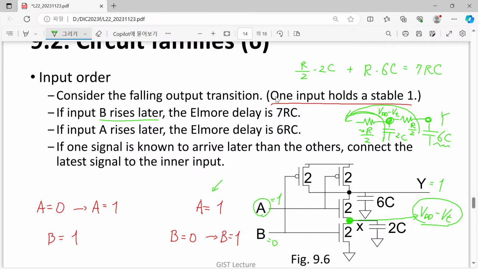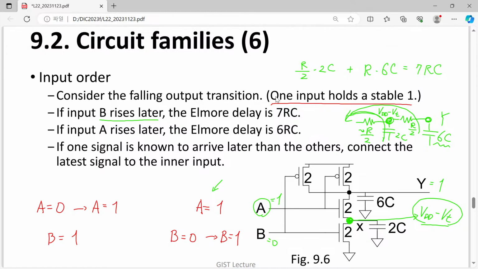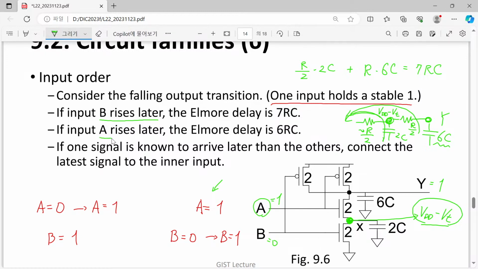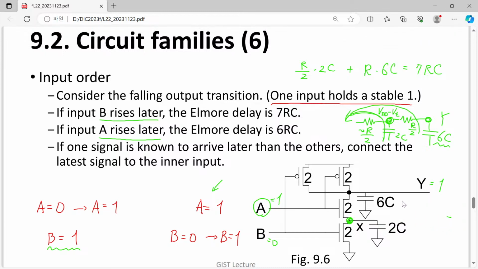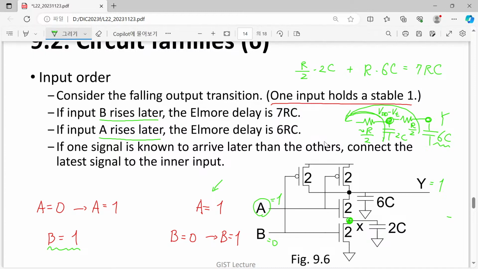Yes, so this is not that difficult to understand, but what is the point? The point is to now consider the opposite case, like A rises later. In this case, B is 1, so please try to estimate the value of this node once again. Now, A is 0 and B is 1.